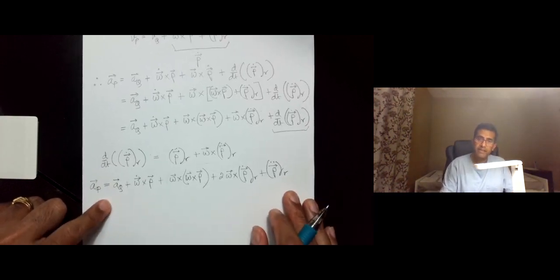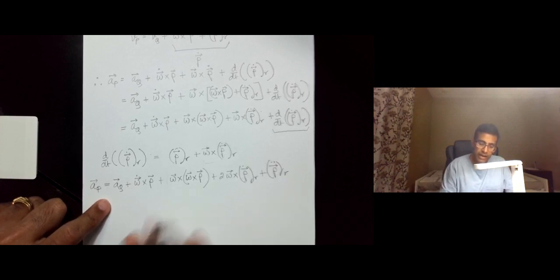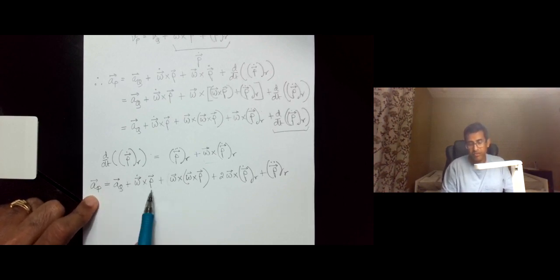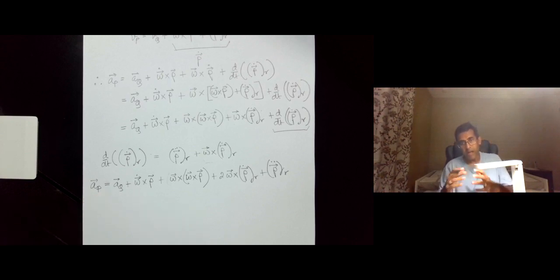Okay, so this is the 5-term acceleration expression that relates the acceleration of a point with respect to another point, where the relative position between the 2 points, that is rho, lies within a rotating frame of reference.